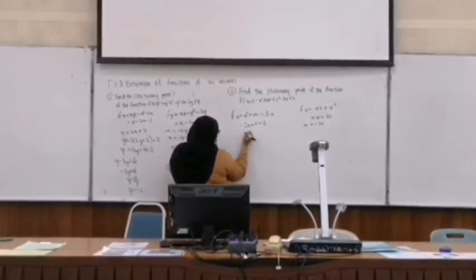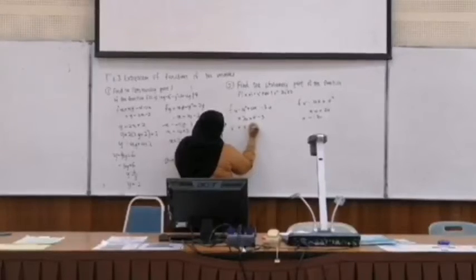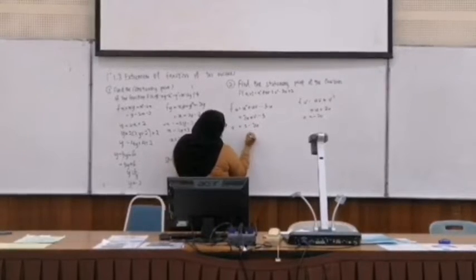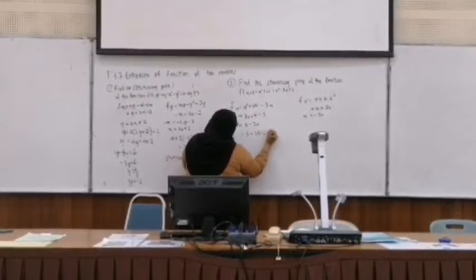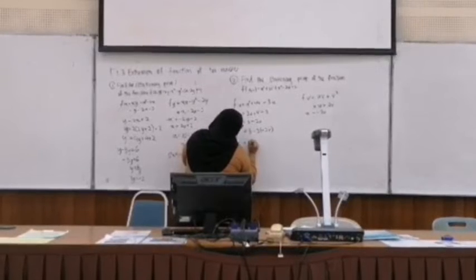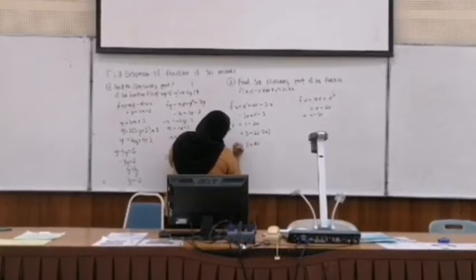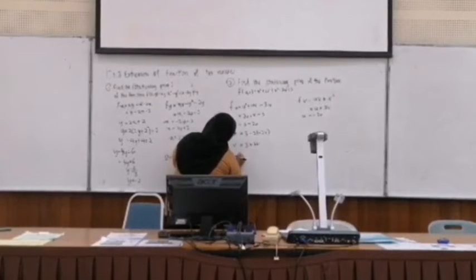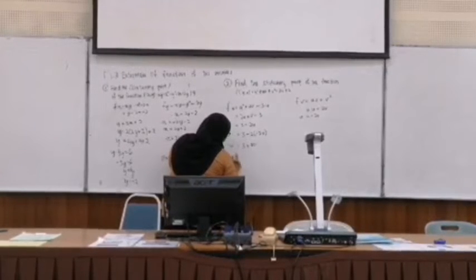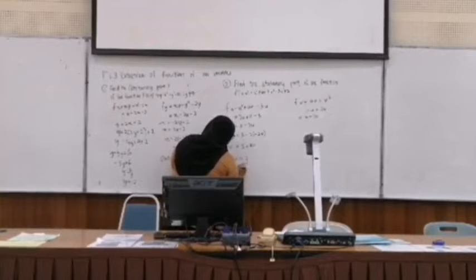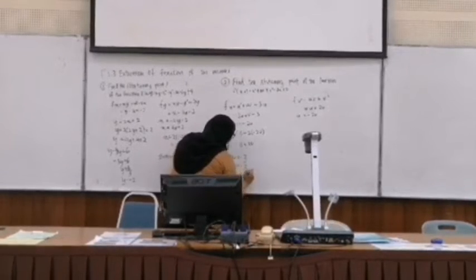So we will get v equal to 3 minus 2u, and we will get 3 minus 2(-2v), so 3 plus 4v is v, and v minus 4v equal to 3, negative 3v equal to 3, and v equal to -1.